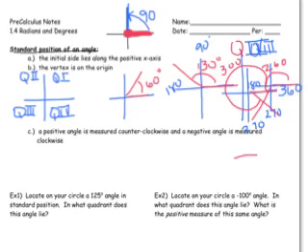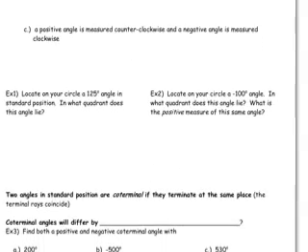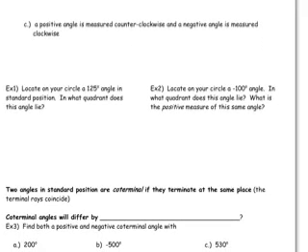A positive angle is measured in the counterclockwise direction, and a negative angle is measured in the clockwise direction. So I just showed you some positive directions, but if we wanted to do a negative one, let's take that example that I showed you. Let's do 330.